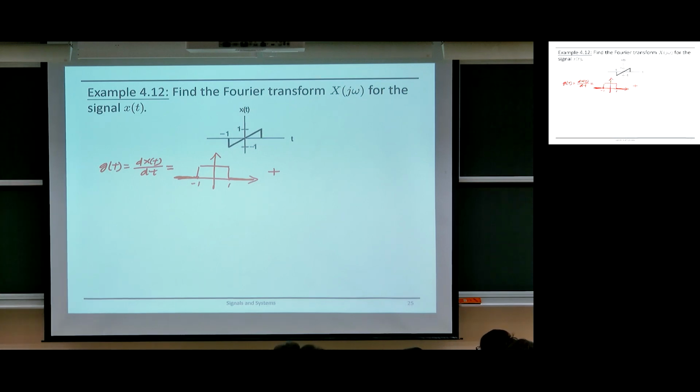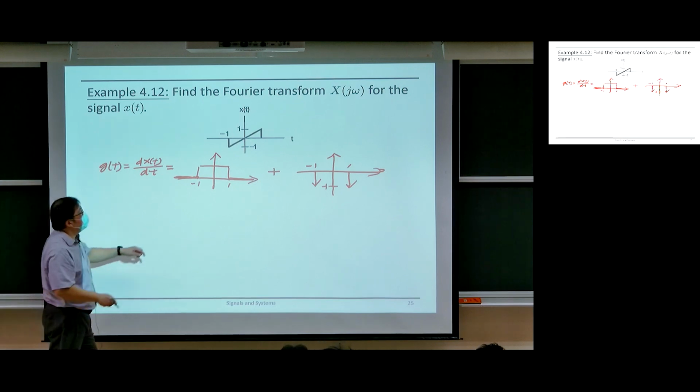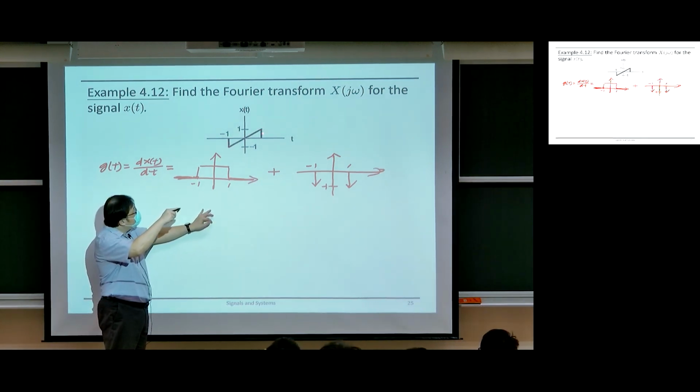When you have this abrupt rise or fall, this corresponds to a delta function with the derivative. So this will give you also two negative delta functions at position -1 and 1 to account for this abrupt fall on the edges.